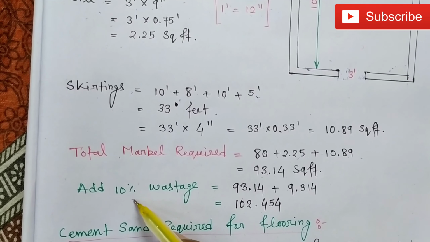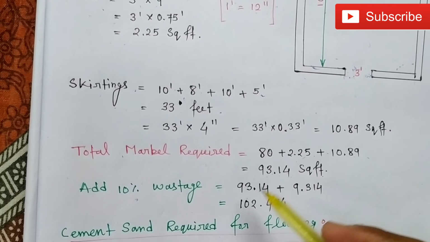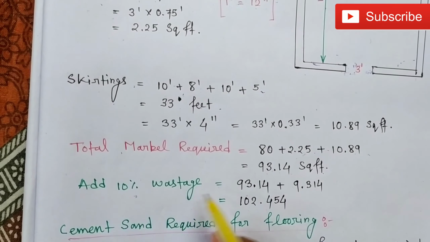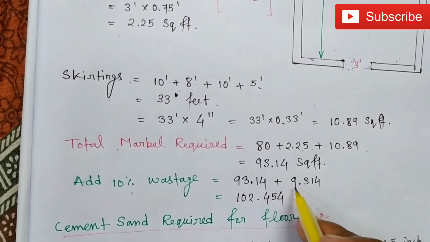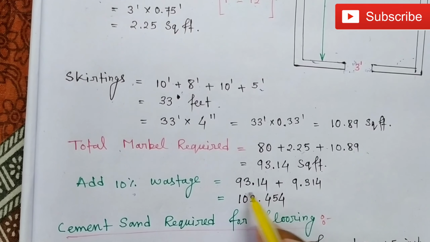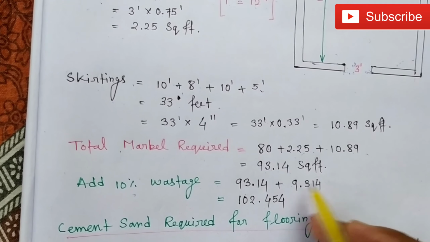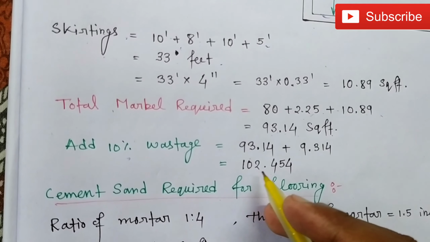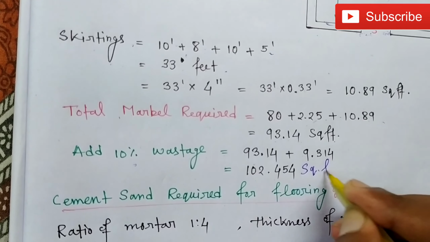Now we add 10% of wastage because during work some marble is wasted. So 10% of marble we add: 93.14 plus 9.314. So our total marble required is 102.454 square feet.